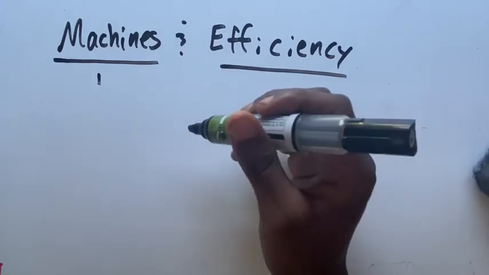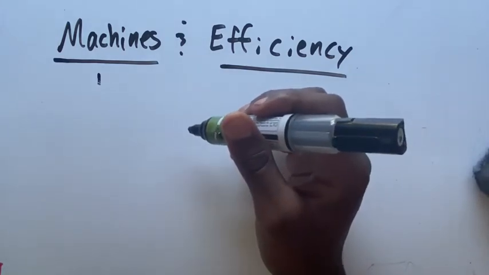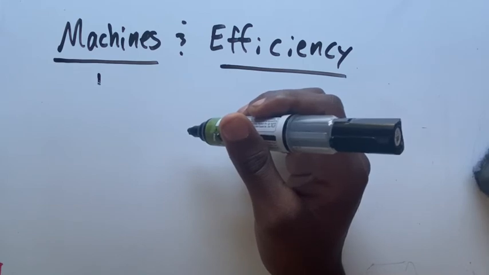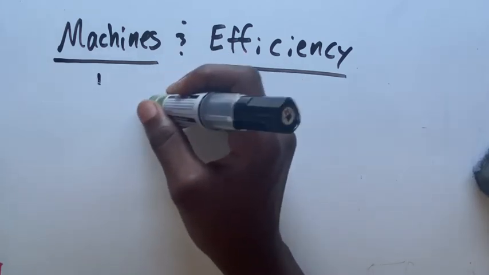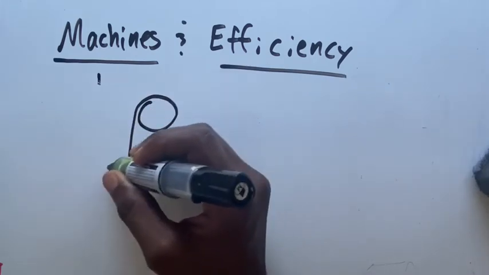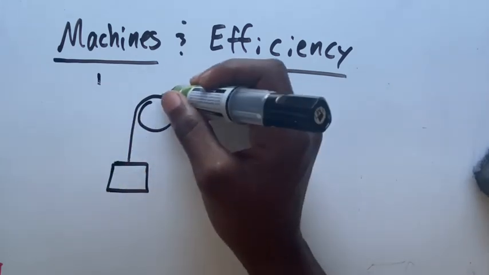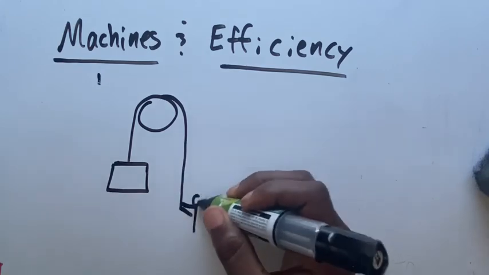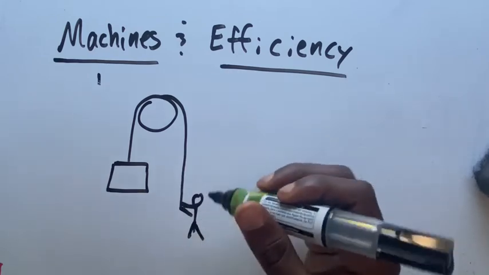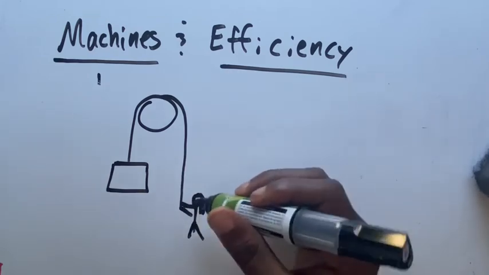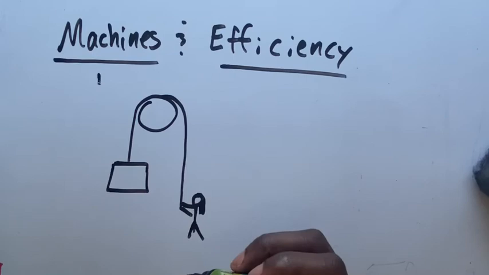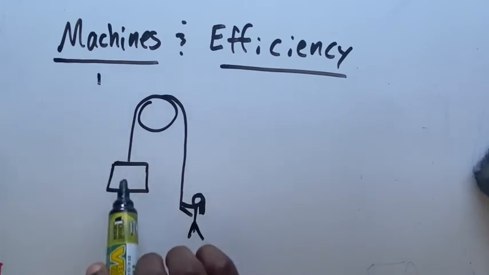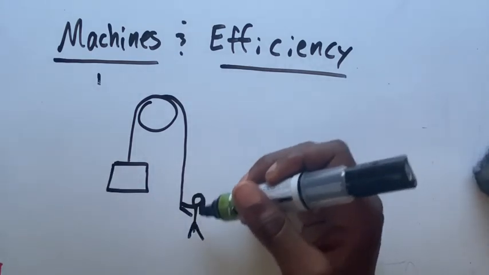it says, in an ideal pulley system, a woman lifts a 100 Newton crate by pulling downwards on a rope with a force of 25 Newtons. So we have some woman here, and she lifts this crate upwards by pulling downwards on it, right?